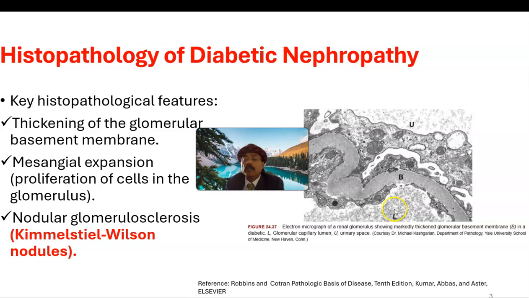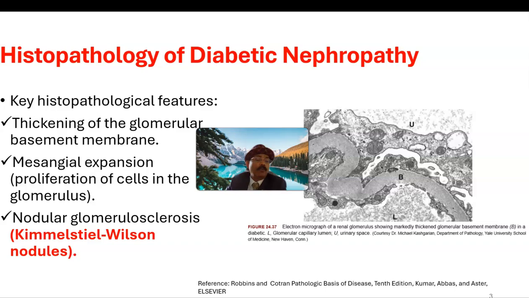So as a whole, there will be damage to the filtration part of the kidney system. This is the lumen of the capillary. We have the urinary space here, and the mesangial tissue here. There will be a nodule there.